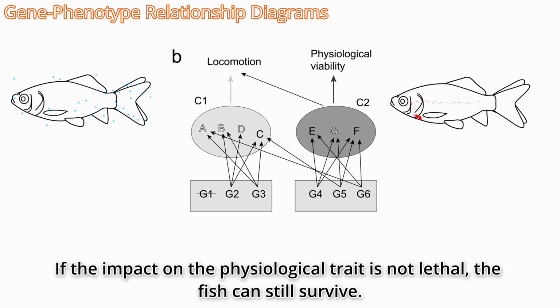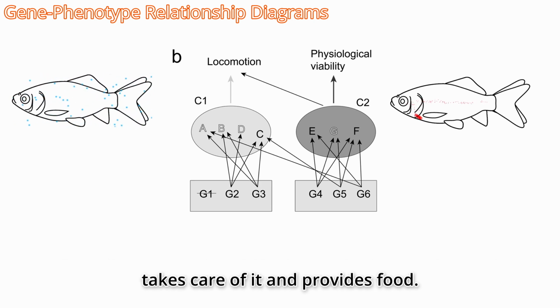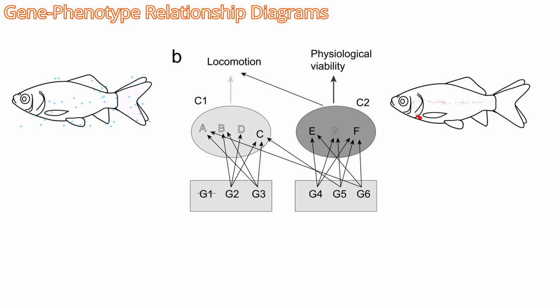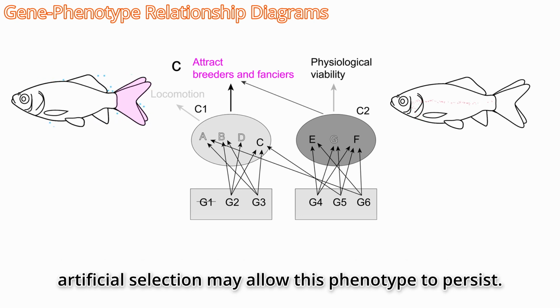If the impact on the physiological trait is not lethal, the fish can still survive. Even if its swimming ability is impaired, the fish could survive as long as someone takes care of it and provides food. If a twin-tail variant is visually appealing to breeders and fanciers, artificial selection may allow this phenotype to persist.